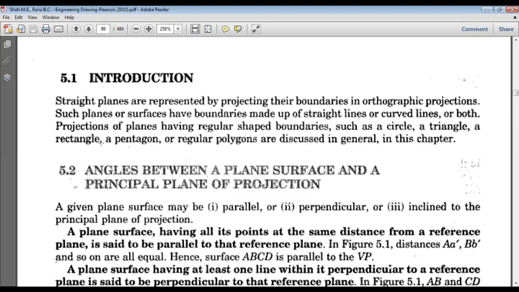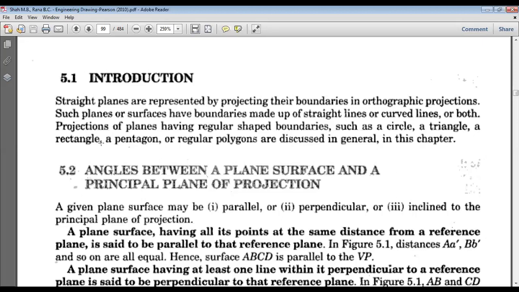So we must make sure whether our plane is inclined to the vertical plane, or perpendicular to the vertical plane, or inclined to the horizontal plane or perpendicular to the horizontal plane.